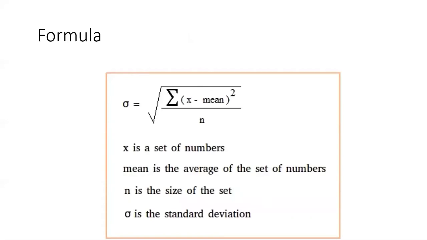Now here is the formula of standard deviation: sigma is equal to the square root of the summation of (x minus mean) squared divided by n. Here x is the set of numbers, mean is the average of the set of numbers, n is the size of the set, meaning the summation of the frequencies, and sigma is the standard deviation. I hope this formula is clear.